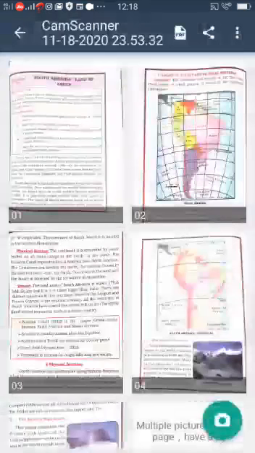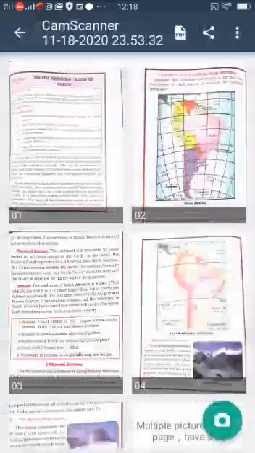The combined river system of Parana, Paraguay and Uruguay is called La Plata. What is La Plata? The combined rivers. Which are the three combined rivers? Parana, Paraguay and Uruguay. Combined, these rivers are called La Plata.